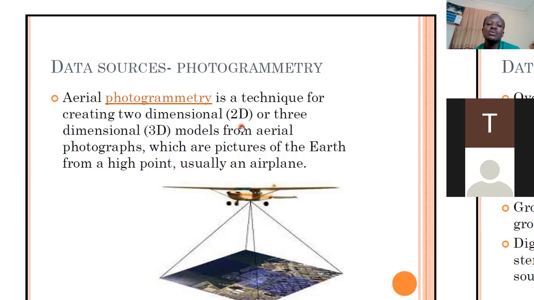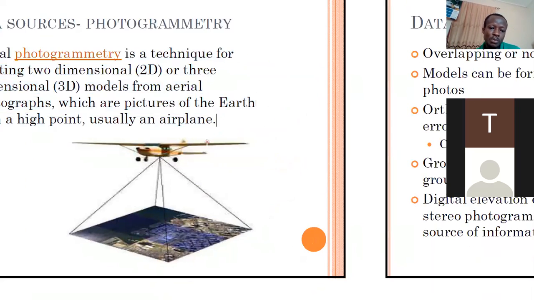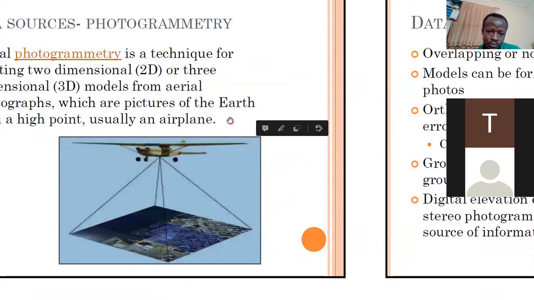One of the outputs of photogrammetry is actually the digital elevation model. The platform used is always a helicopter or biplane. You can use a drone as well.